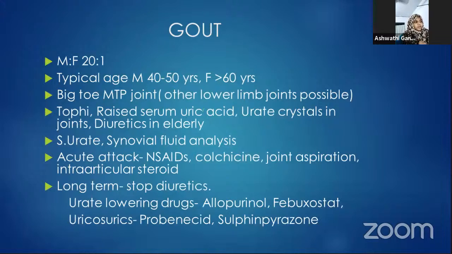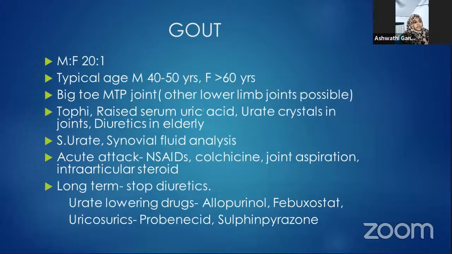Then we have to keep in mind that during an acute attack, never give uricosurics or urate lowering drugs. Acute attack is treated with NSAIDs, colchicine. If possible, if 1 or 2 joints are affected, then joint aspiration, and in resistant cases, intra-articular steroids. Urate lowering drugs have specific indications. For a single episode, we do not usually start urate lowering drugs.